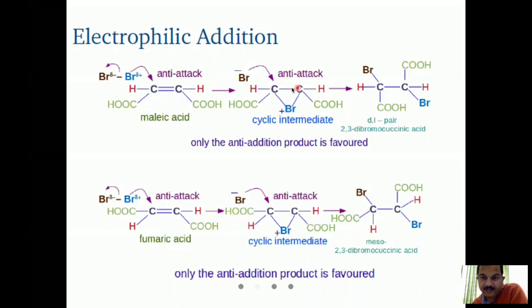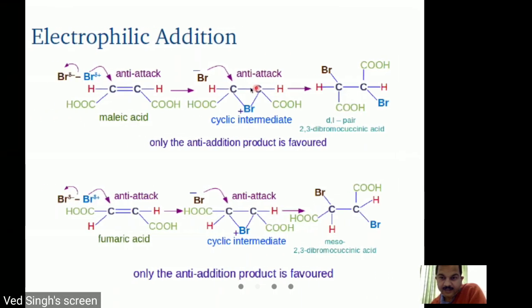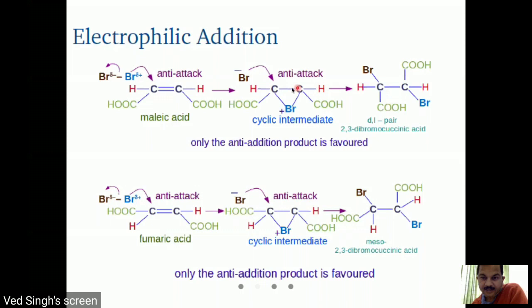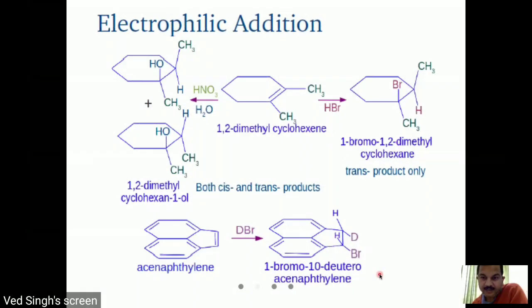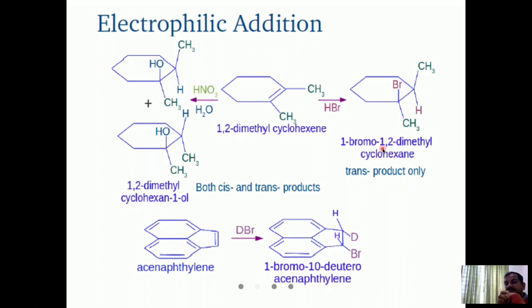Now another reaction is the hydration reaction. Again OH and H are there, but in this reaction both products form, trans as well as cis. If only trans were going to form, it would mean the intermediate is a cyclic transition state.